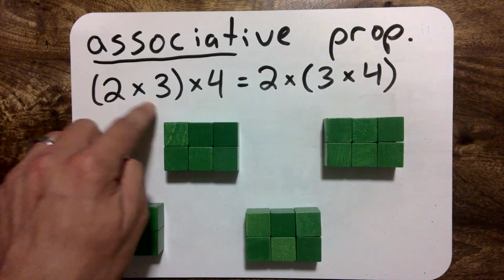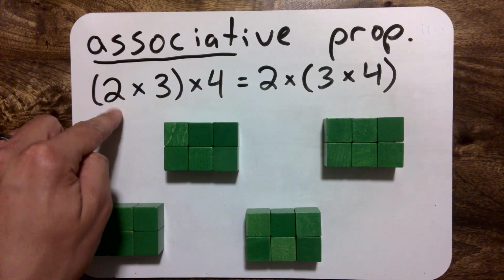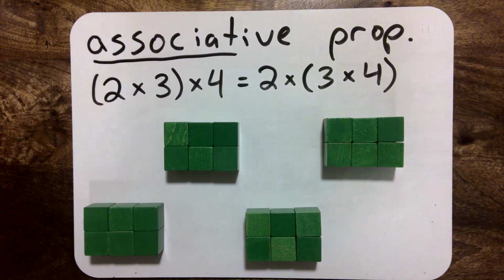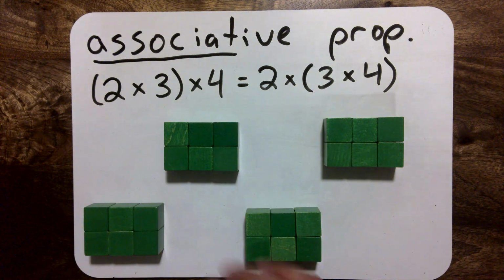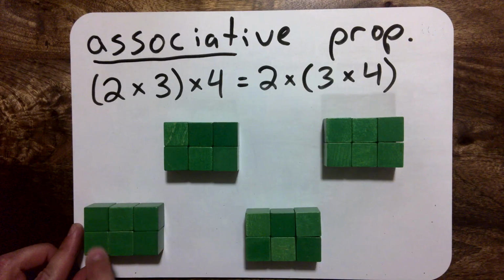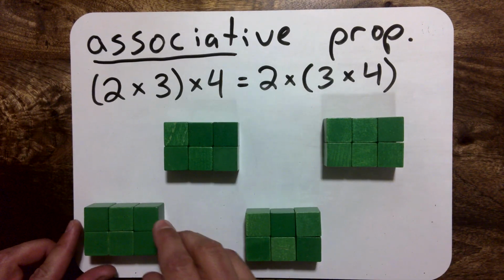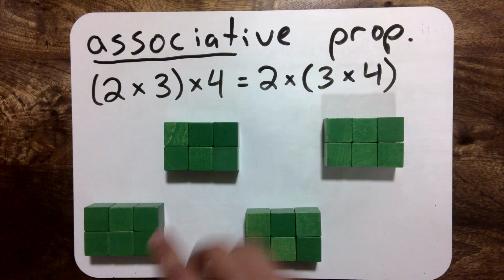Okay, so in this first one, I'm going to do groups as rows. So here we have 2 times 3. I kind of have this entire left-hand side shown already, but this 2 times 3, 2 rows of 3, would just be one of these area models. And then we're going to multiply that by 4, so I'm going to have 4 of those area models.